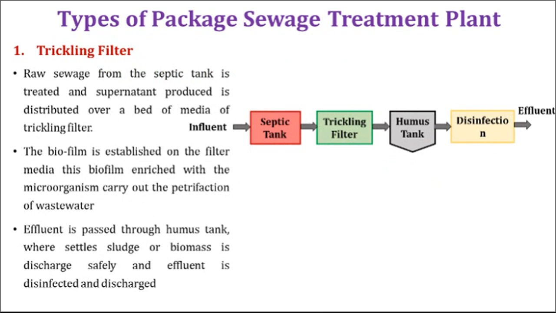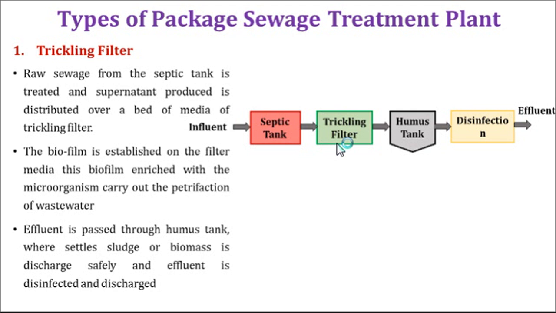The second type of packaged sewage treatment plant is the trickling filter. Raw sewage from the septic tank is treated, and the supernatant produced is distributed over a bed of media of the trickling filter. As we know, the trickling filter consists of an underdrainage system at the bottom, and then the filter media, which may be in the form of brick bats or rock pieces.